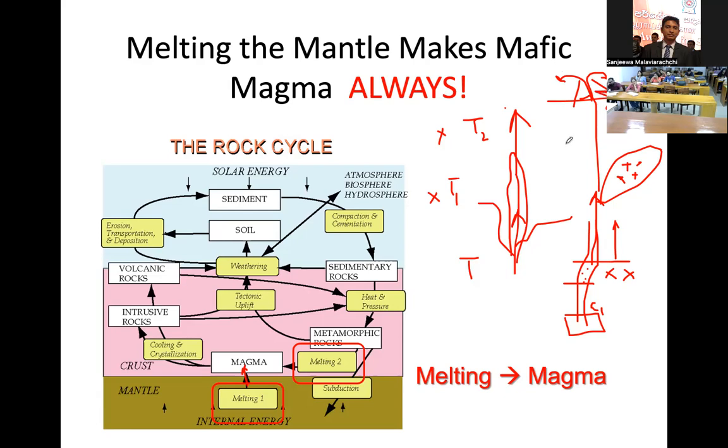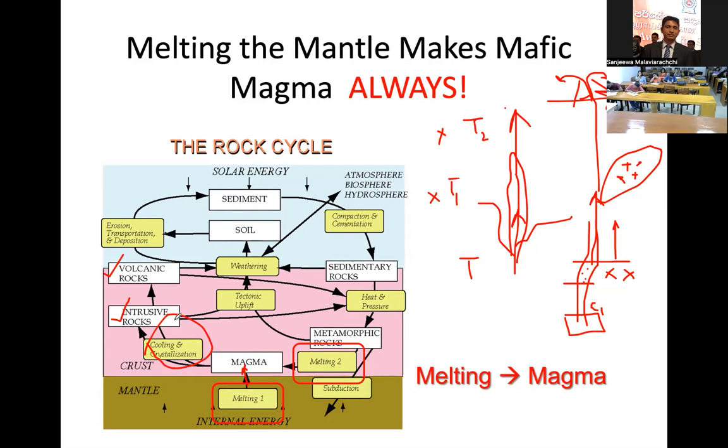So we have intrusive igneous rocks and volcanic, or extrusive, igneous rocks formed during this cooling and crystallization process. Now it's within the crust, right? Because initially it started at the mantle melting, then it was taken up to the crust, and finally it was taken up to the surface, right?